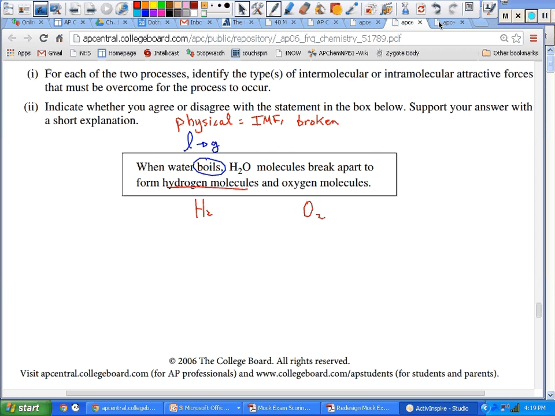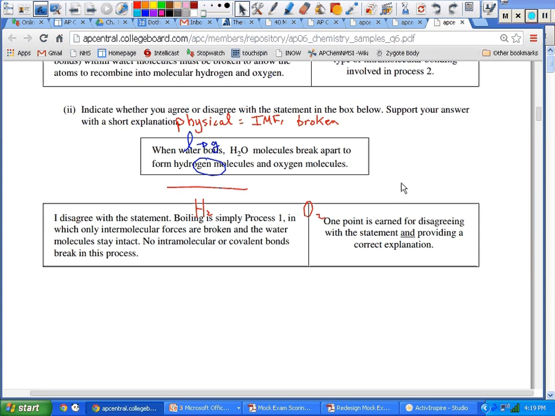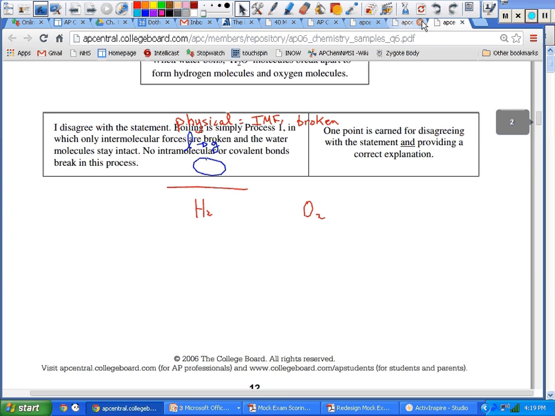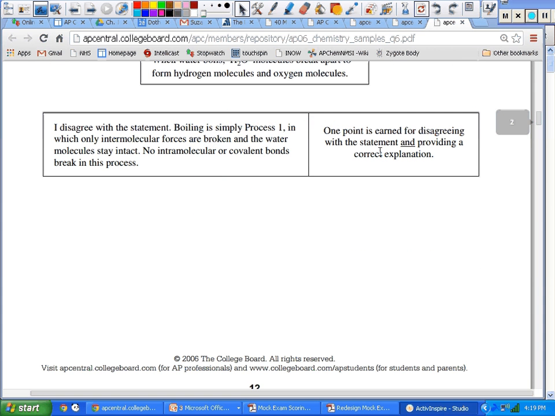I showed it to him. I disagree with this statement. Boiling is simply process number 1, in which only IMFs are broken, which is exactly what I just said. Only IMFs, not bonds.